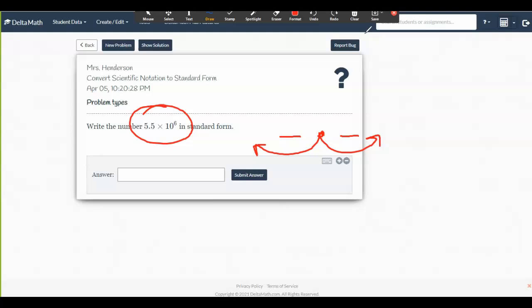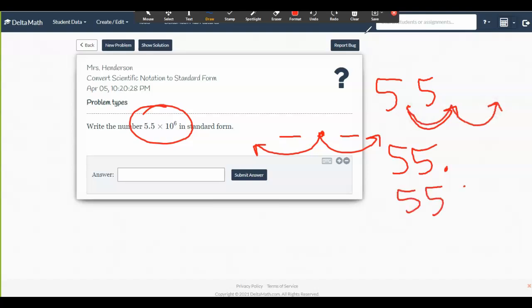Now this is a little counterintuitive, but if you think about this number 5.5, if I move the decimal one place to the right, I would get 55. If I moved it 2 places to the right, I would get 550. That happens because when I move the decimal 2 places to the right, I have an empty place right here, and when we have an empty place value, we use a 0 to hold its place.